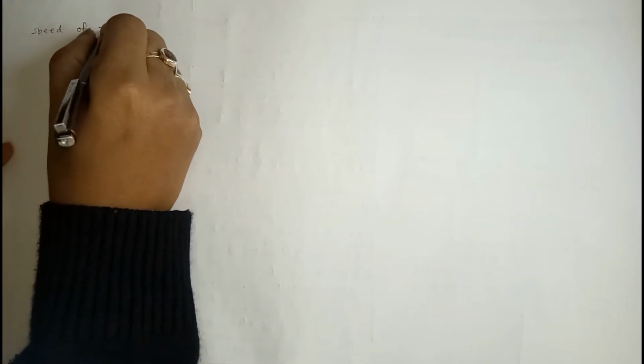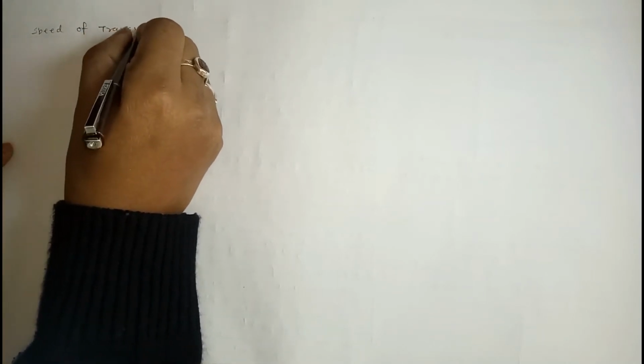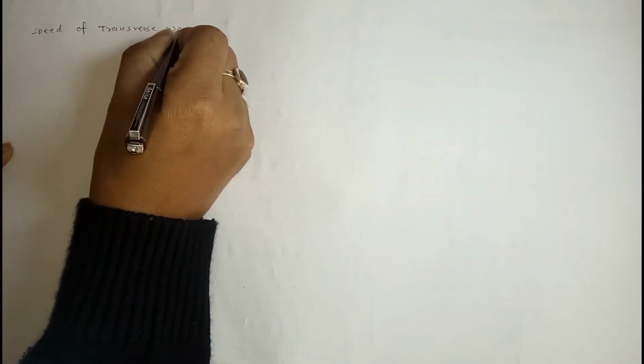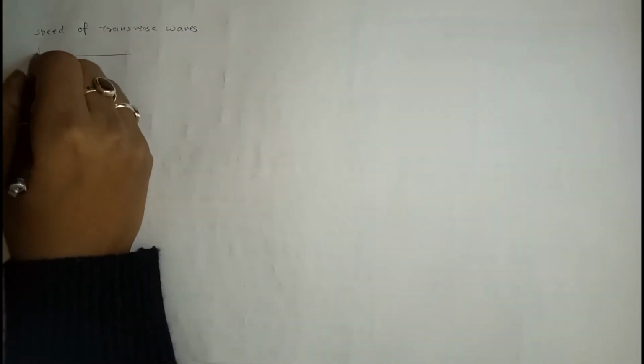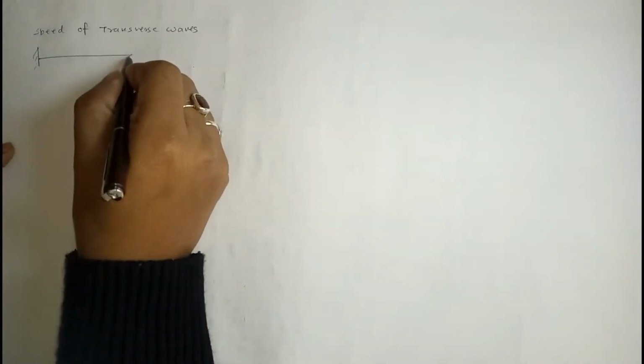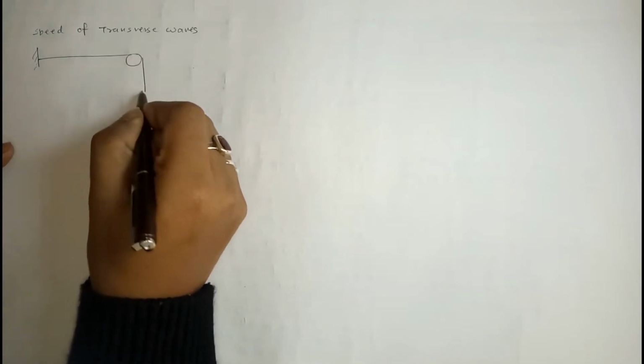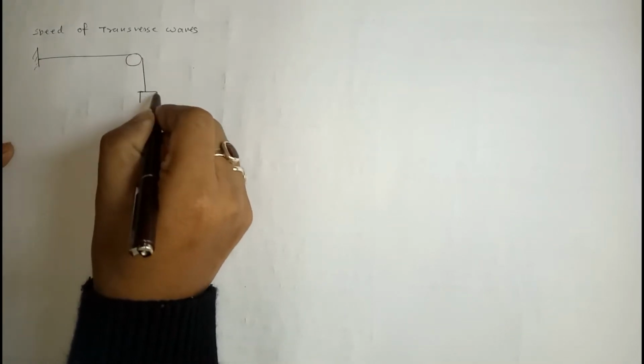Now we calculate the speed of transverse waves in a stretched string. Here we consider a string of which one end is fixed and the other end passes through a frictionless pulley and is attached to a mass m.